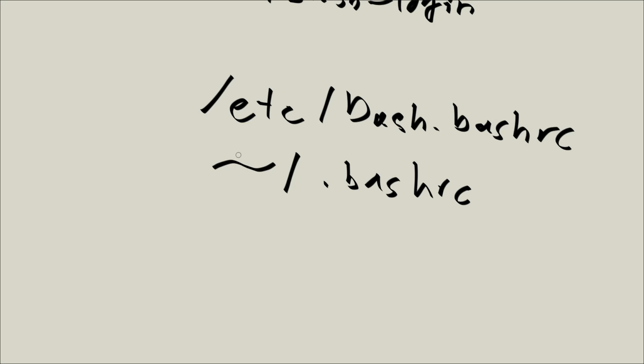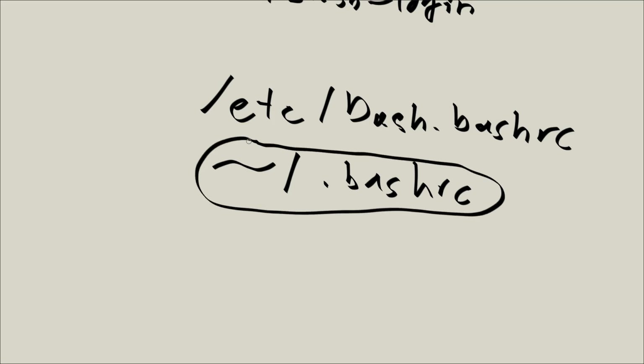If you recognize this file, this is the file I told you to put your changes in, because this is the file read by interactive shells. If you remember, our terminal is an interactive non-login shell. So this is our terminal, and that's why you place the changes in the bashrc file.